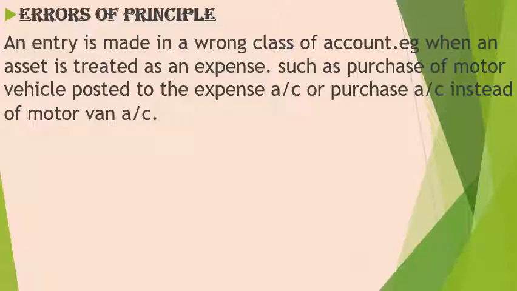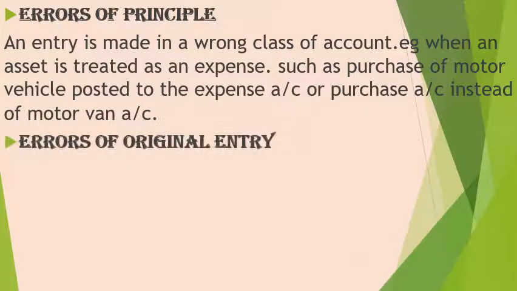So that is making an entry in a wrong class of account. That is error of principle. You treat an asset as an expense, or an expense as an asset, a liability as an income. So you get the same totals, but yet you've made a mistake.